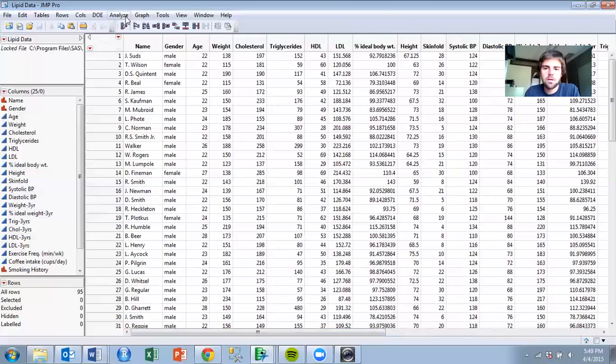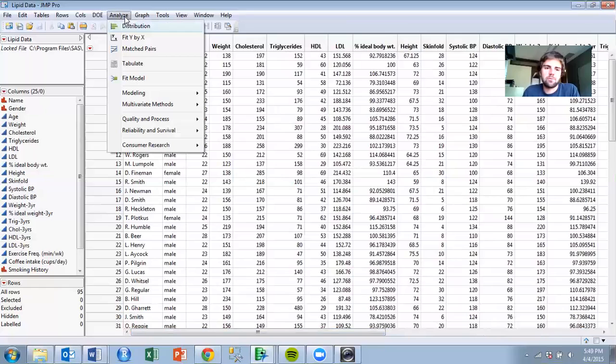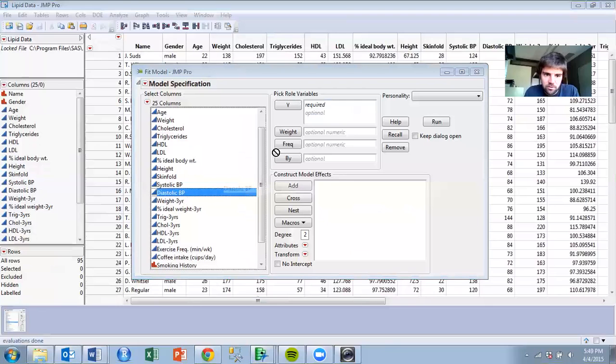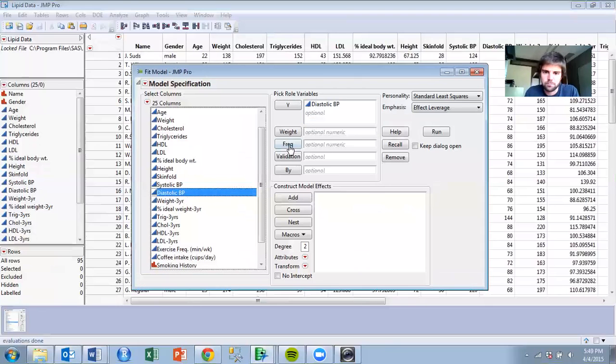So in general, when we fit these models to make predictions, we do it in the fit model portion up here. We drop in whatever we're interested in predicting. Let's say in the health industry, we're going to predict some type of blood pressure here.